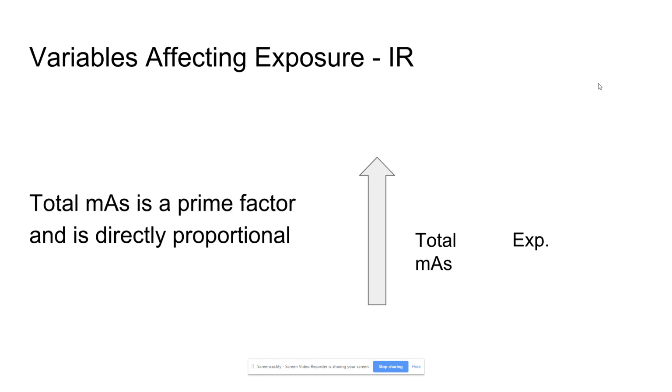So mAs, we should know this, it's a combination of mA and time, so naturally increasing total mAs is going to increase exposure and dose to the patient. Certainly exposure to the image receptor.